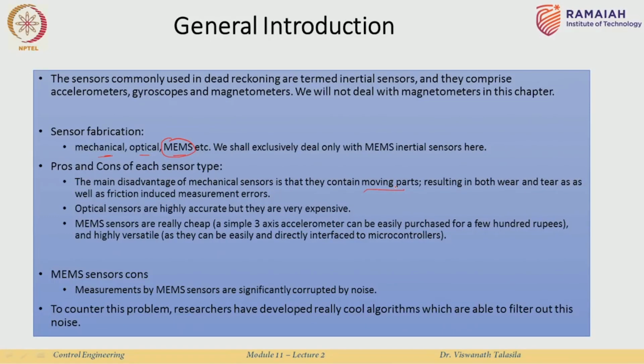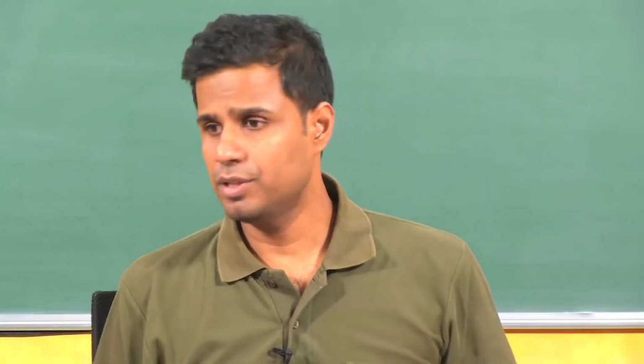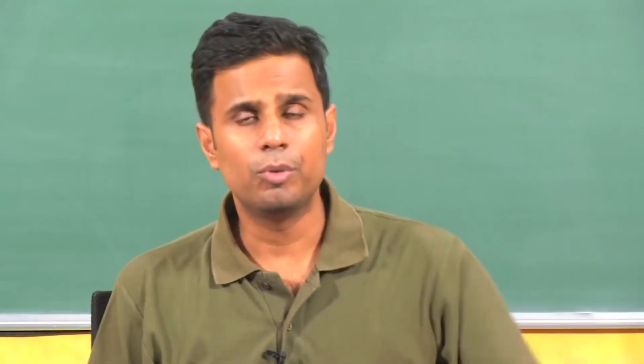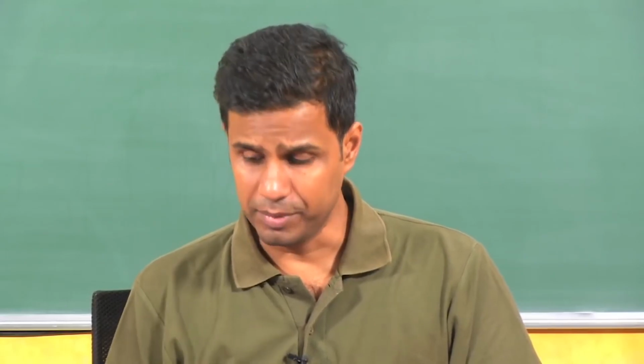They are fairly accurate, but they suffer from this problem. Optical sensors are extraordinarily accurate, but very, very expensive. MEMS sensors are the kind of sensors you have in your phones, when you switch from portrait to landscape mode and the screen shifts. You also have these sensors in drones, UAVs and small robots which you keep playing around with. So, MEMS sensors are really cheap.